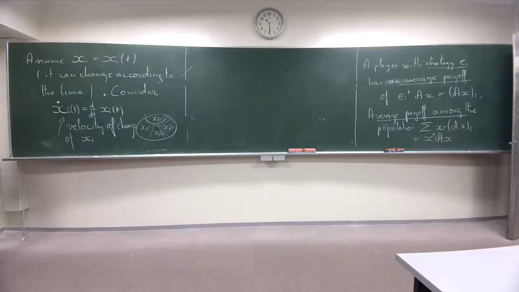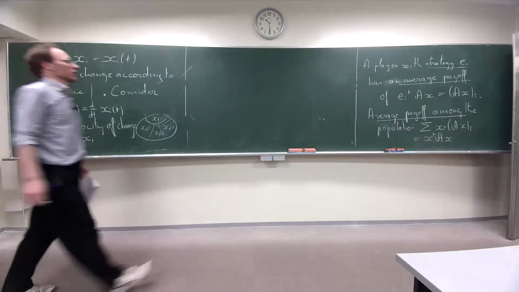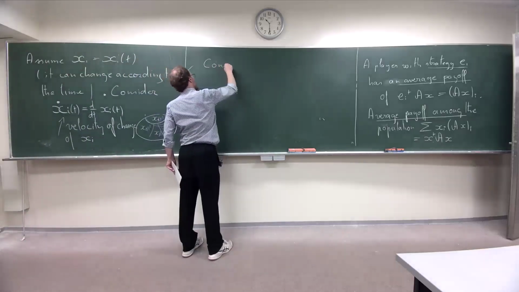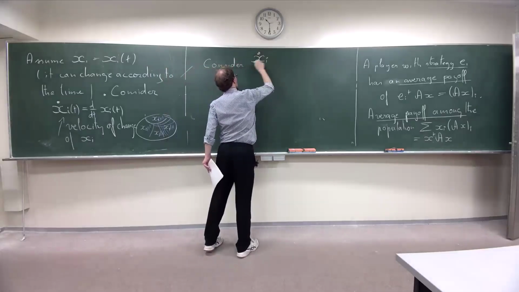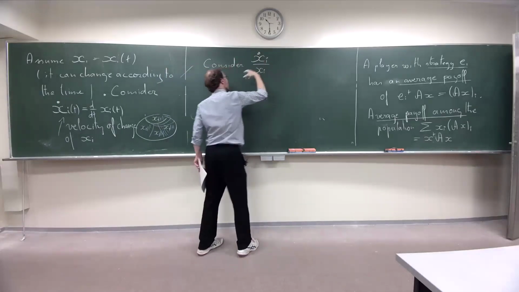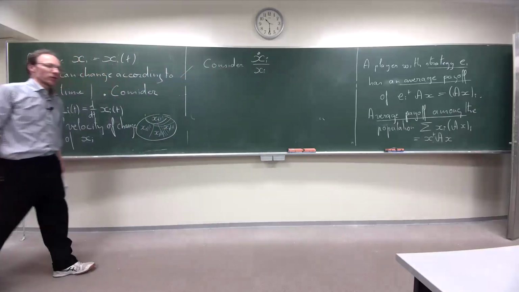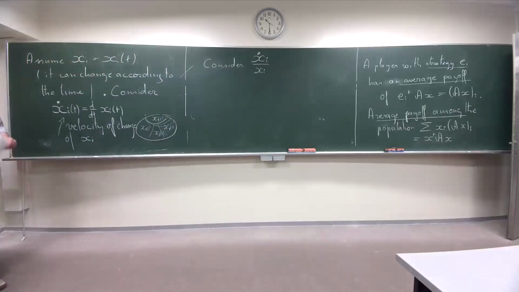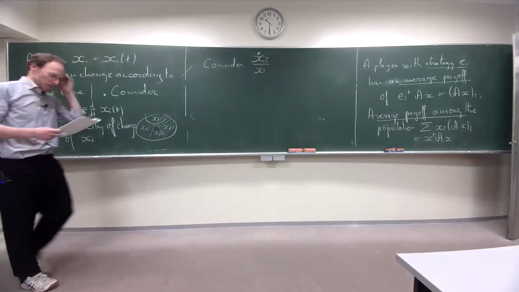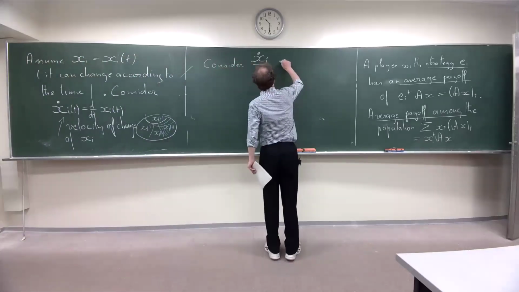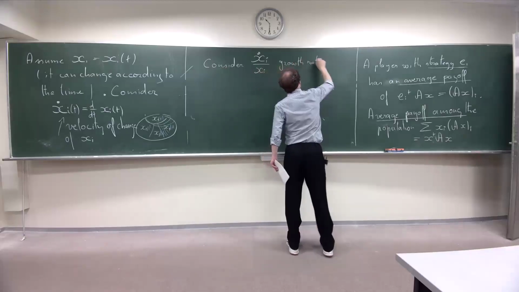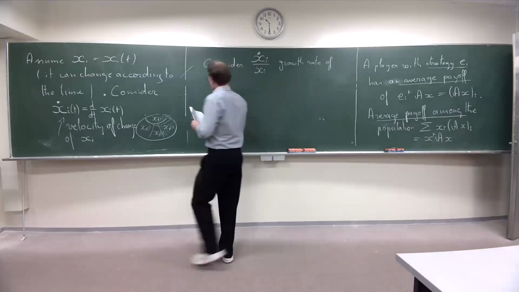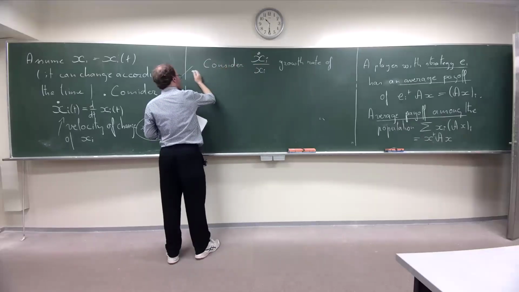If the derivative is small, it means xi is more or less constant. So a natural thing is this quantity. I don't write the dependence, but now these are functions of t. And I assume that the denominator is not 0, of course. This is a growth rate of the fraction, or growth rate of xi.